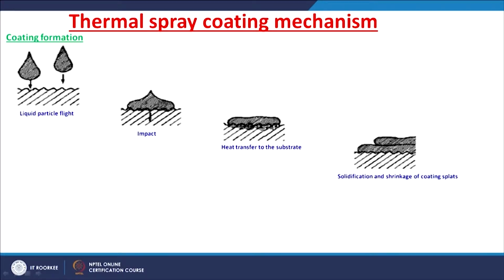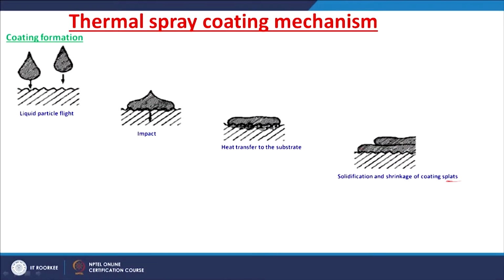So, solidification and shrinkage of the coating splats are the final result of this coating, right. So, you have a layer by layer structure after coating and this layer consists of certain splats, right. A number of such particles will be impacting and bonding onto the surface. While bonding there is a transfer of heat and in the solidification stage they become adhered layered structures.